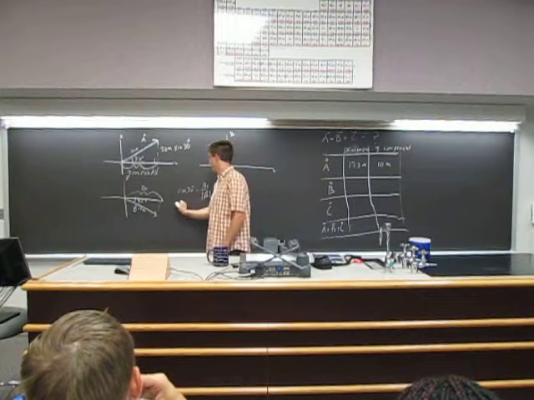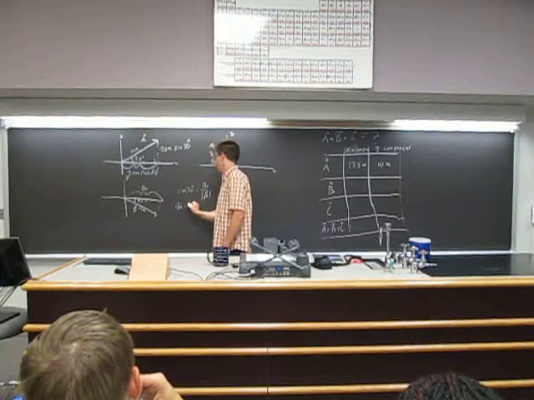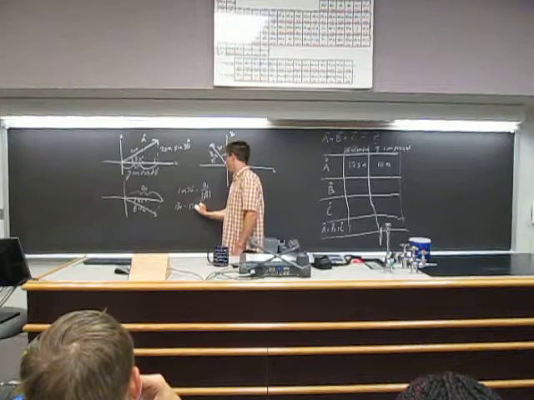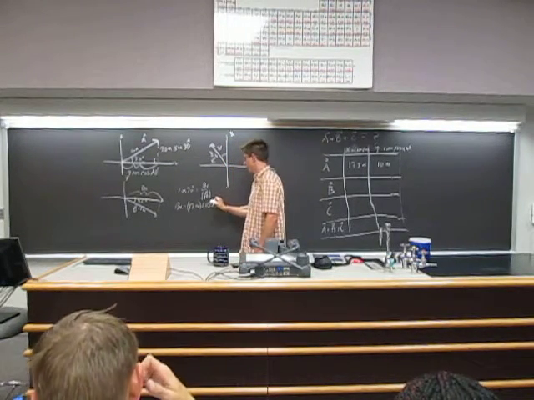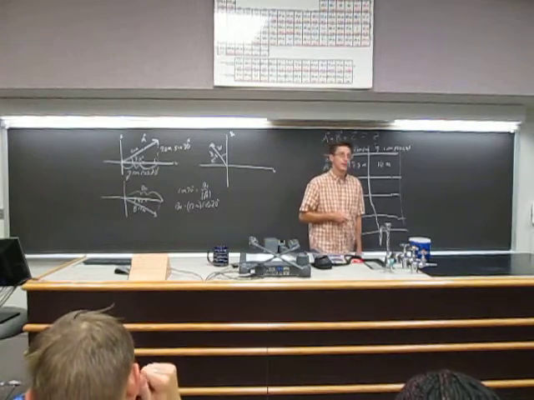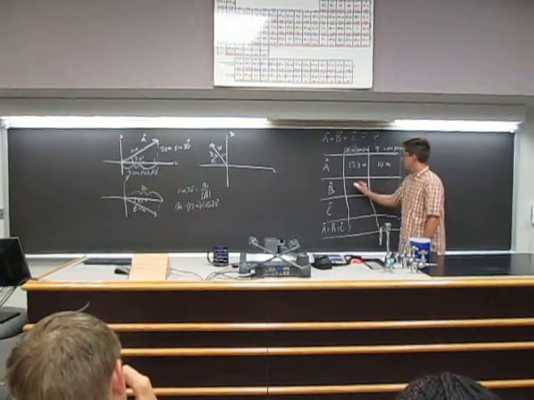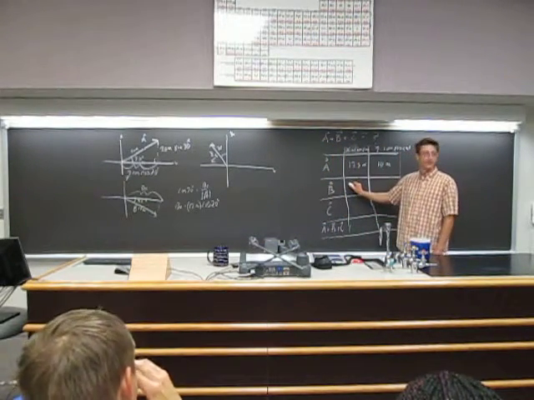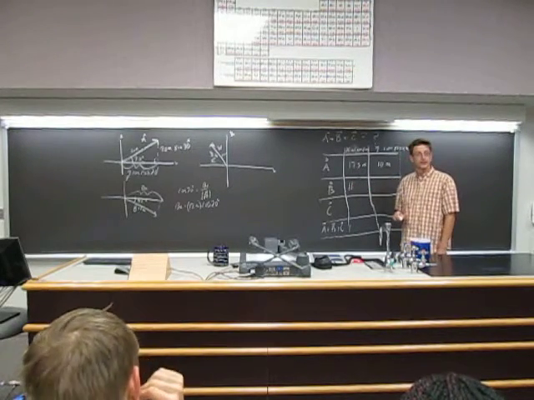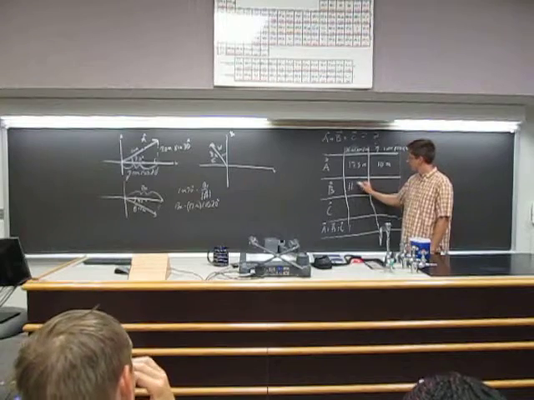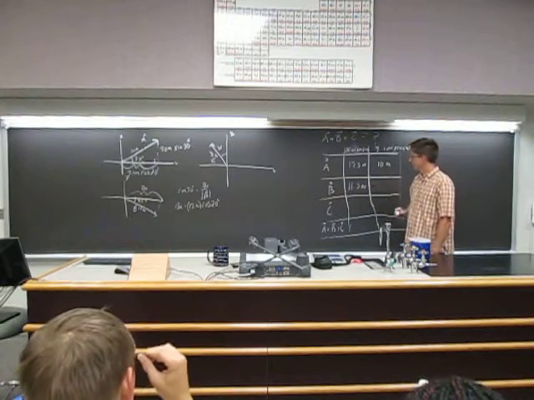So b sub x is 12 meters cosine of 20 degrees. What does that become? 11.3 meters, yeah, we'll round.